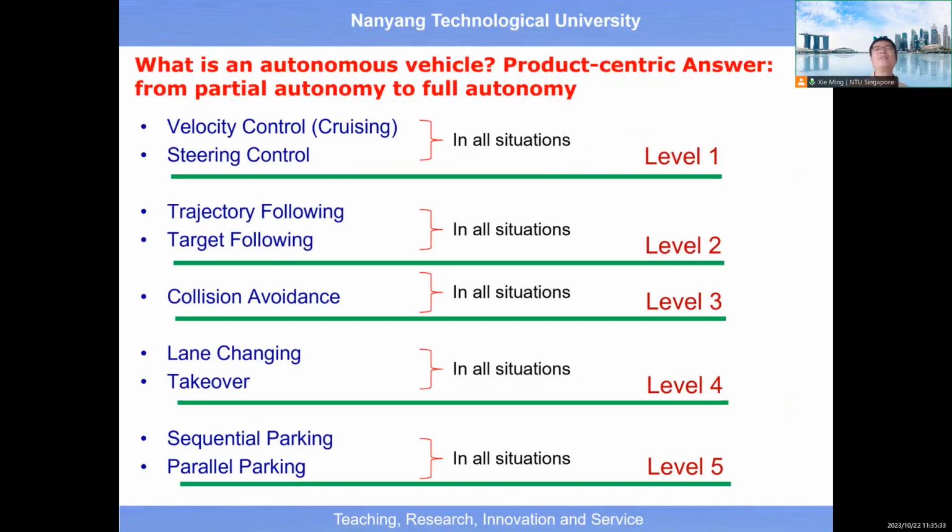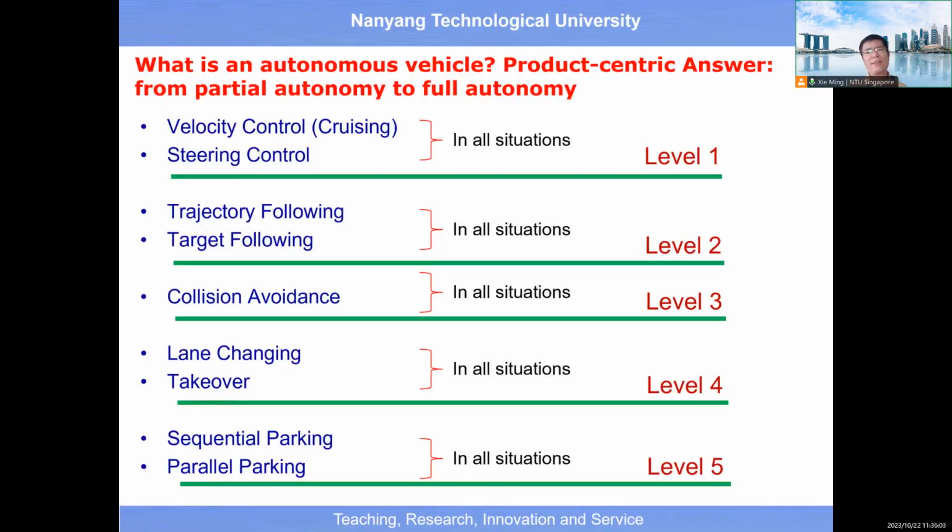I believe this answer should be more relevant to industry or to the market, because here we talk about developing an autonomous vehicle as an AI product, right? So we offer this product to the buyer, to the user. Then the user may want to know the degree of autonomy, right?